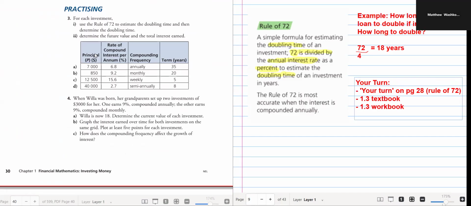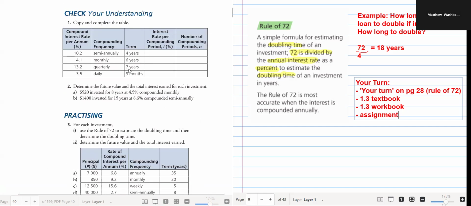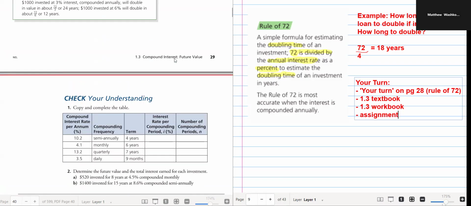And then what I'm actually going to have you do is your assignment as well. I'm not sure if it's for 1.3 or 1.4, but you are going to have to actually calculate a car. You're going to find a car and calculate that stuff. That's going to be your assignment. I don't know if it's this one or your next one, but you will know once you see it.